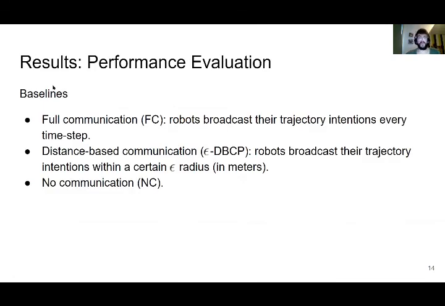In order to perform the performance evaluation, we compare our method with other communication policy baselines, such as full communication, in which we perform broadcasting, distance-based communication, in which we perform broadcasting within a certain radius, and no communication.